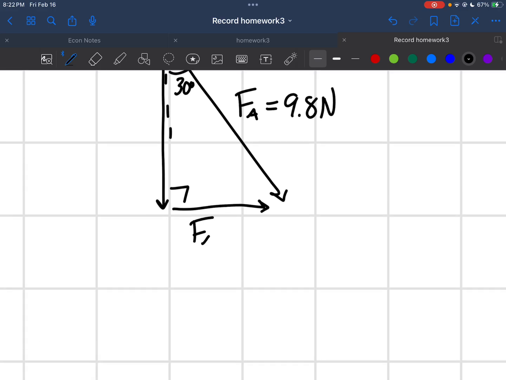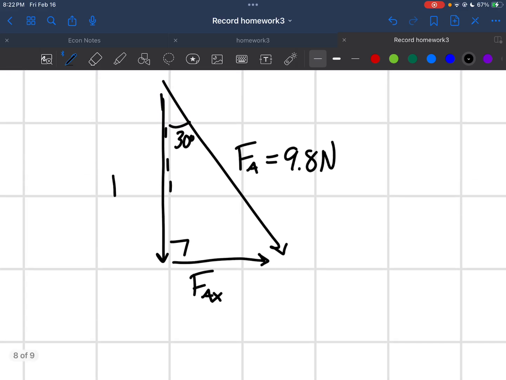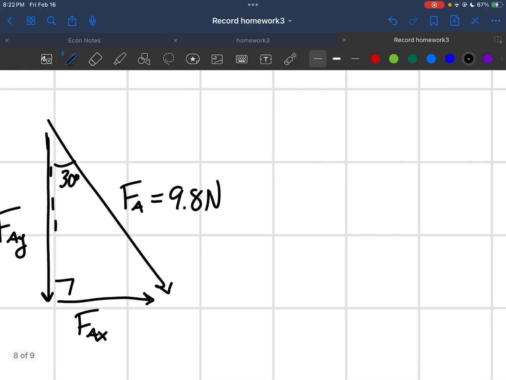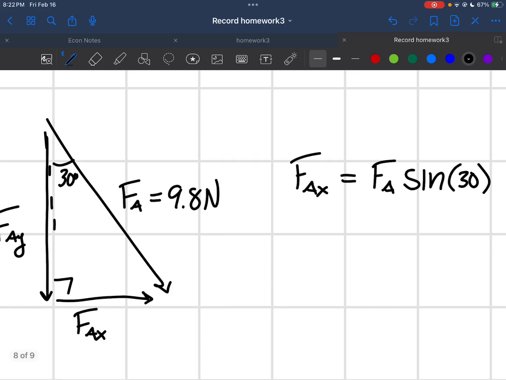And this will be my FAX, and this will be my FAY. And in this case, all right, my angle is here, so sine my FAX will be FA sine of 30, and my FAY will be FA cosine 30.